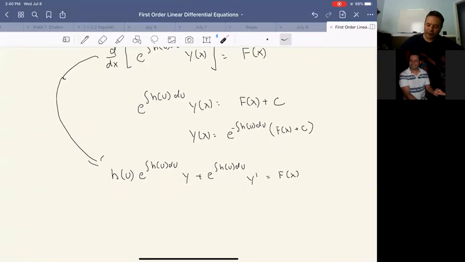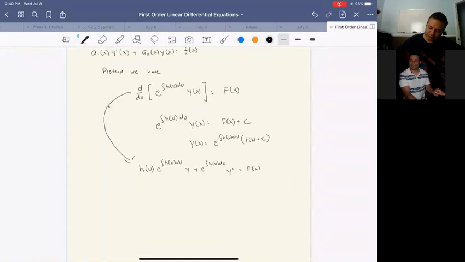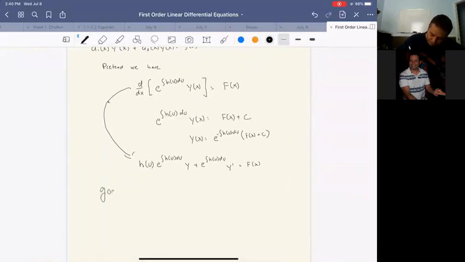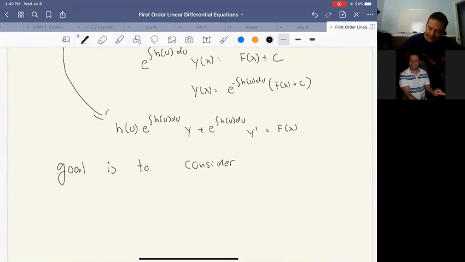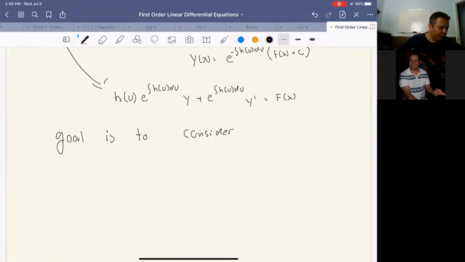So the goal is to consider, let's start off again with y prime of x plus a0 of x times y of x equals f of x.